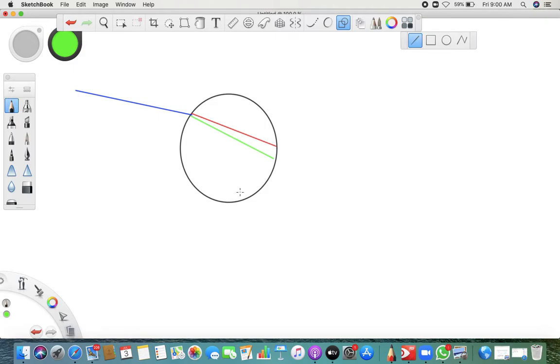Then what happens is there is internal reflection. You must be wondering what I am talking about. So what is the first thing that happens? First is refraction and dispersion.